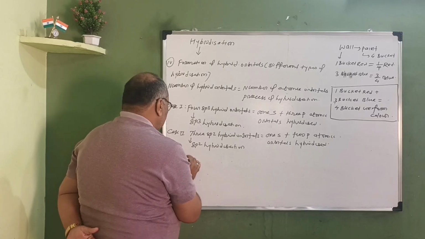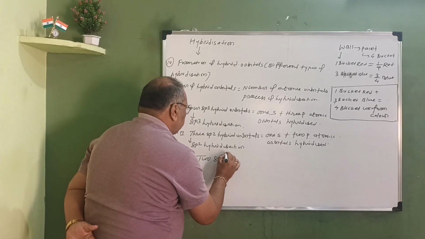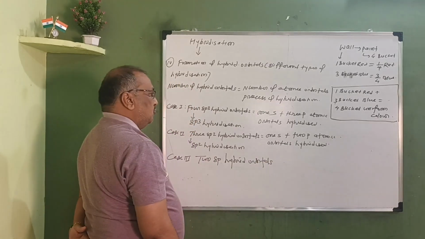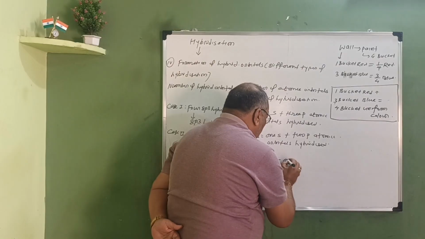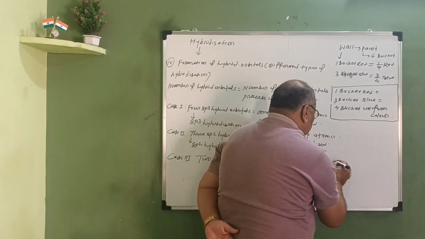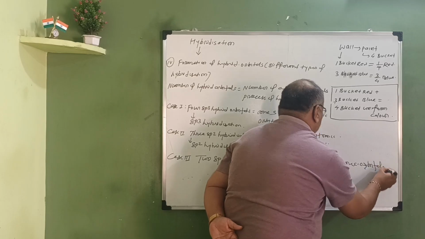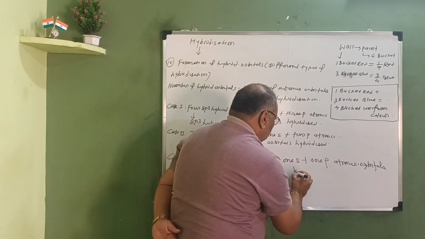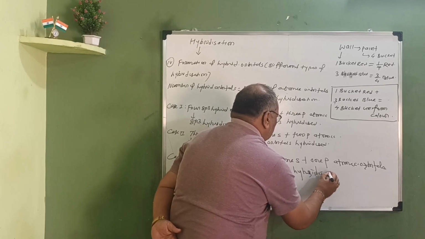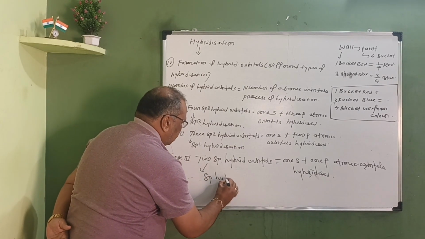And case 3, 2 sp hybrid orbitals are formed only when one s and one p atomic orbitals are hybridized, and the process is called sp hybridization.